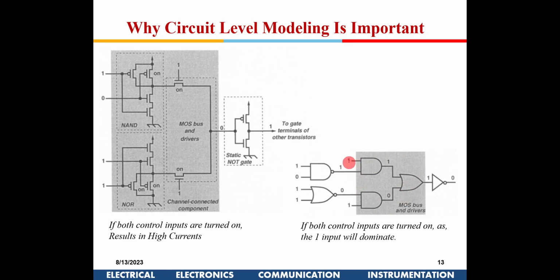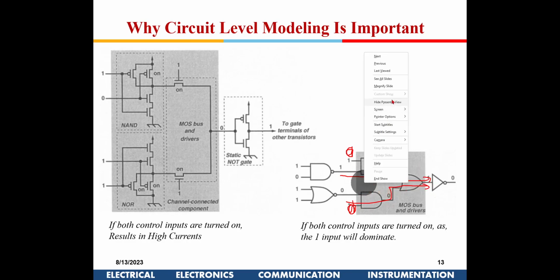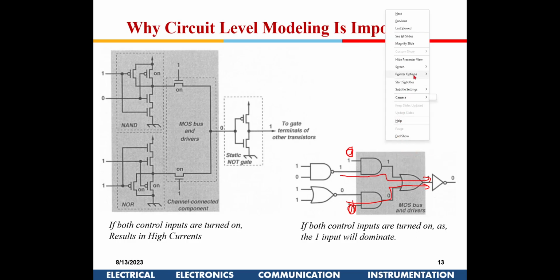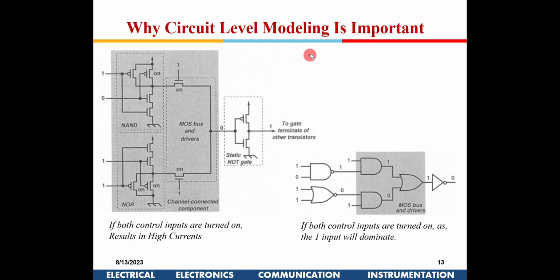If I give 1 here and 0 here, what will flow to the output? This will get through. And if I give 0 here and 1 here, this will flow, correct? And these are the 2 control bits, this and this.